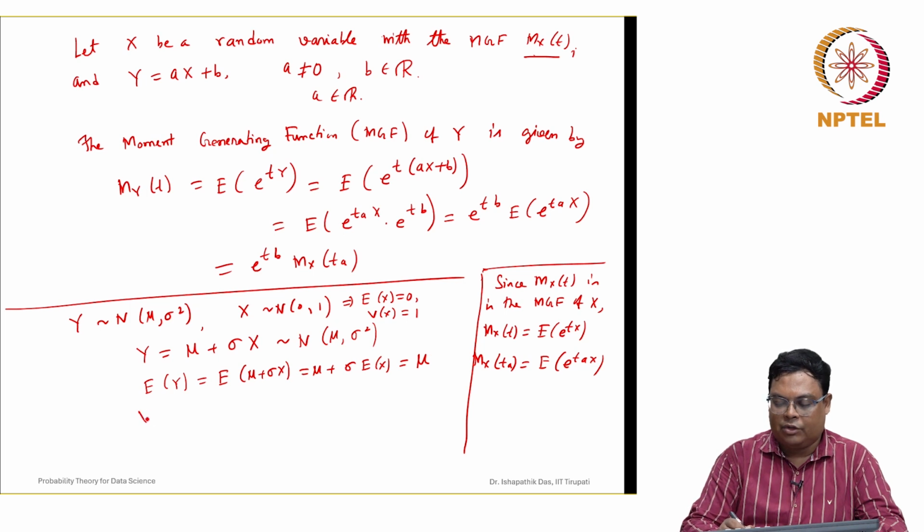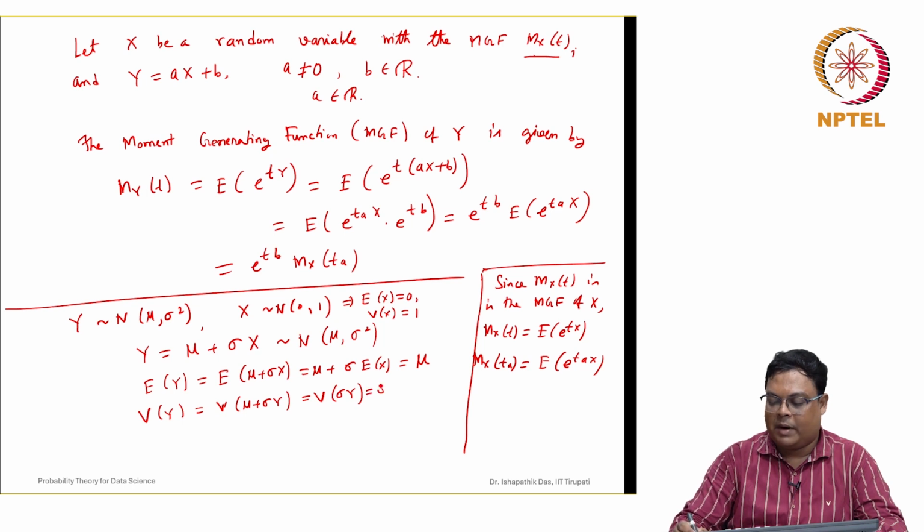Now what will be the variance of y? The variance of y is the variance of mu plus sigma x. We discussed this property: if you add a constant to a random variable, the variance does not change. Then sigma is a constant, so another property we discussed earlier gives sigma square outside, into the variance of x.